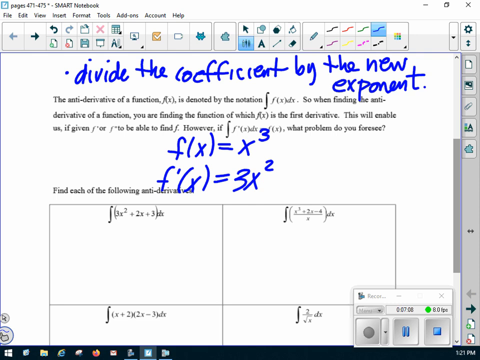No, but is there any other besides just x cubed that has a derivative of 3x squared? Like what?